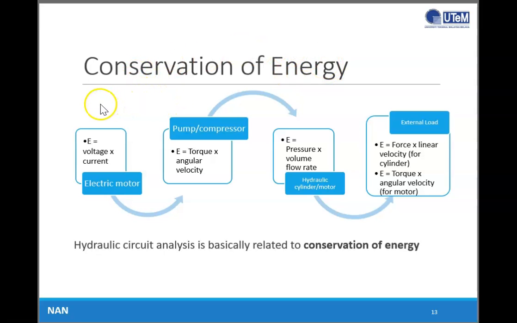As we know, for an isolated system, the total energy remains constant over time. So when the energy changes from an electric motor to a pump, to a hydraulic cylinder or motor, and to the external load, the energy is still the same. But the formula for the energy of each individual system is different.